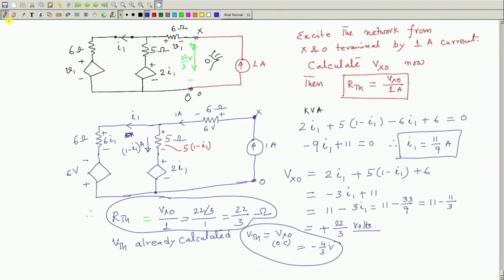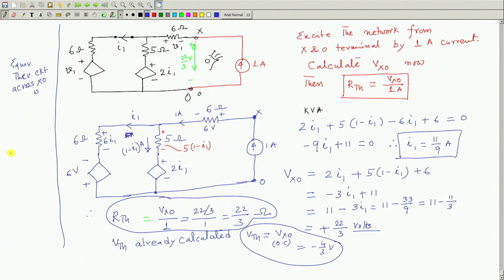So, therefore, the equivalent Thevenin's circuit across XO, how much will it be?